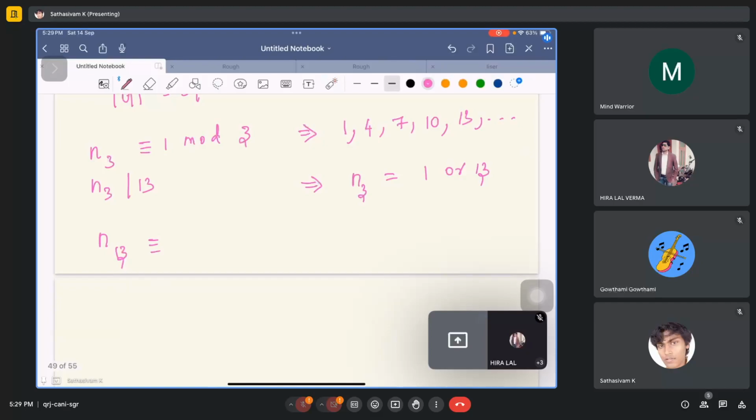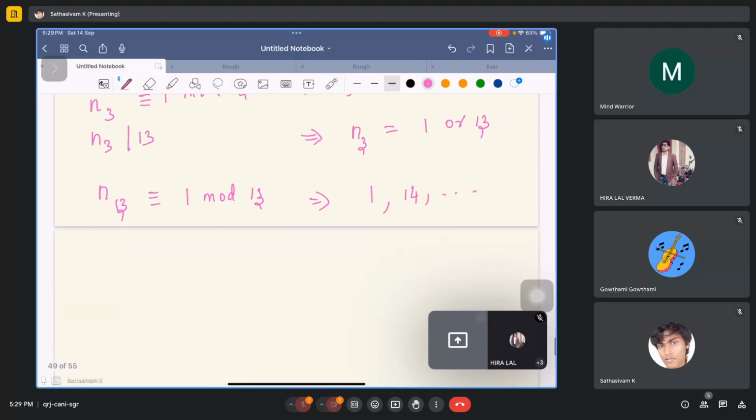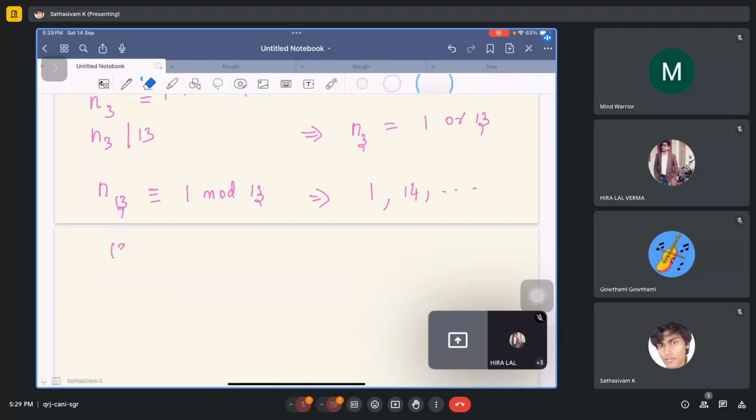So this n13 is also congruent to 1 mod 13. So this will be either 1, 14, and so on. And it has to divide 3.